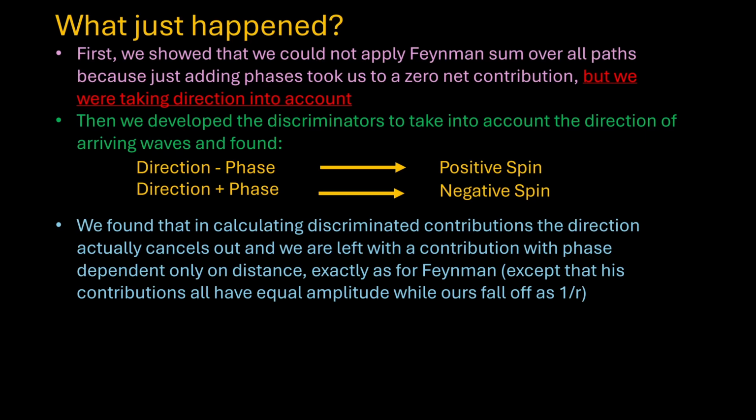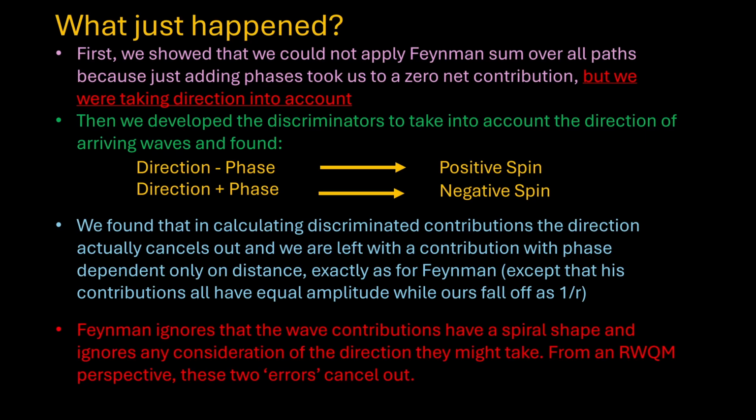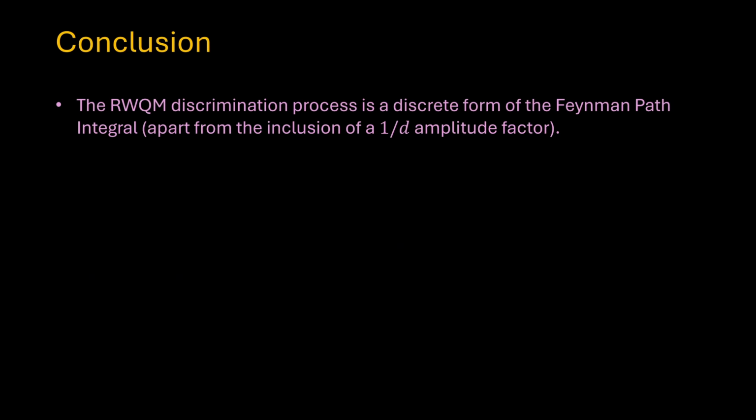From our perspective, Feynman makes two errors by ignoring the spiral wave and ignoring the direction. These two errors just cancel out. We conclude that our discrimination process is just a discrete form of the Feynman sum, apart from the 1 over d factor.